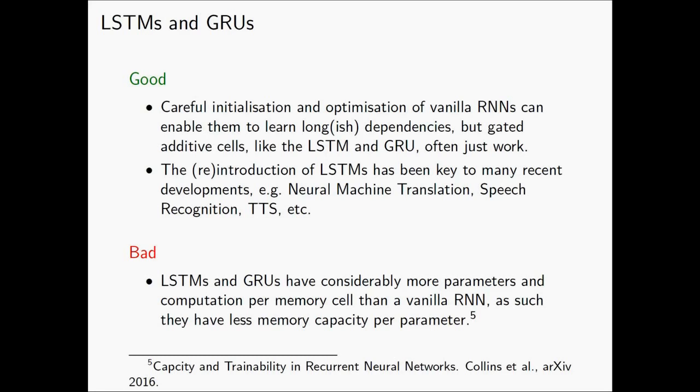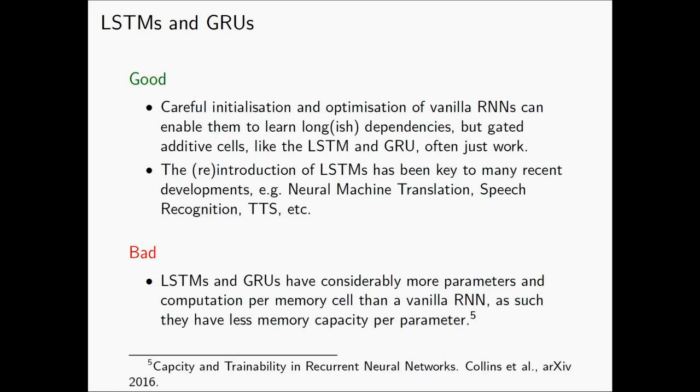One of the downsides of these models is they're a bit more complicated. They have more parameters as such, and lots of those parameters aren't actually in the memory. So you've got all these extra parameters for the gates that aren't going into the memory. So you've increased the size of the model, but you get less memory for the absolute number of parameters.